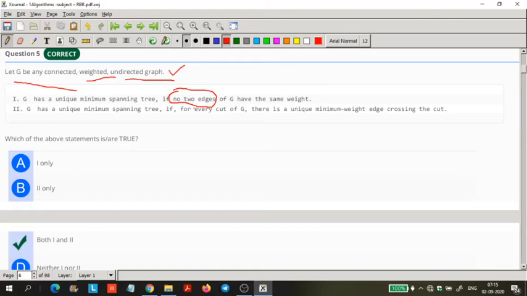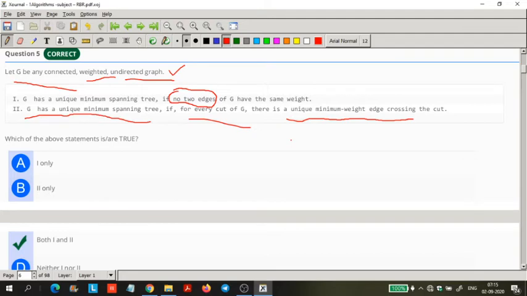And G has a unique minimum spanning tree if for every cut of G there is a unique minimum weight edge crossing the cut.